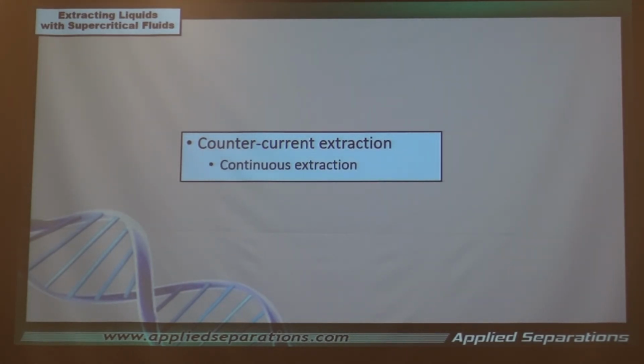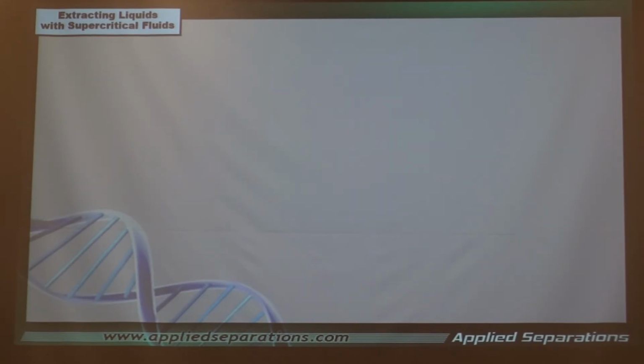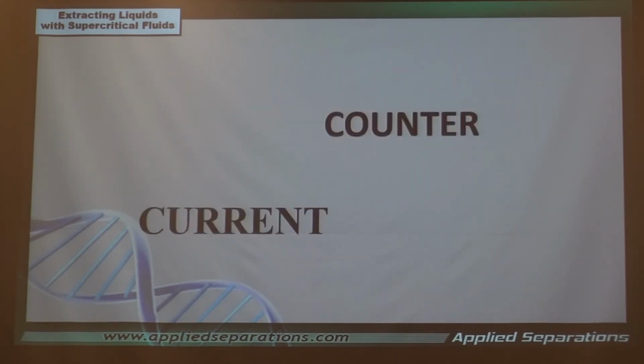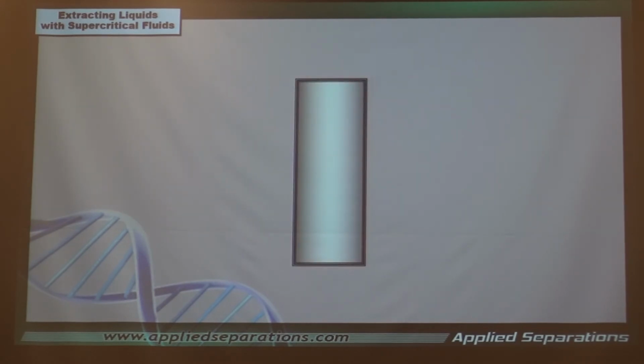Countercurrent is dealing with a liquid. We're going to go ahead and have something that is dissolved in a liquid, and then we're going to extract it on a continuous basis. We have a long pipe. Looks like a long pipe.